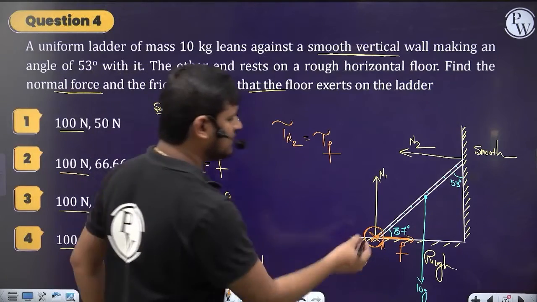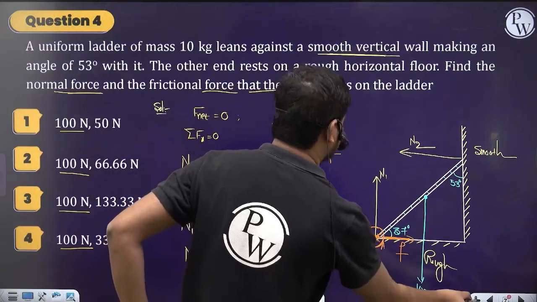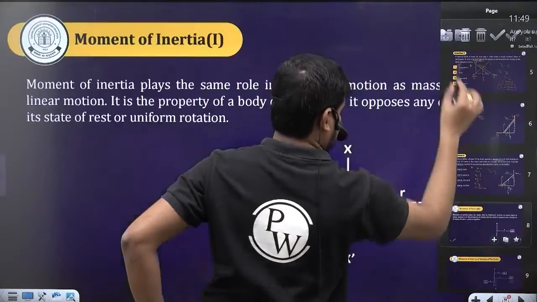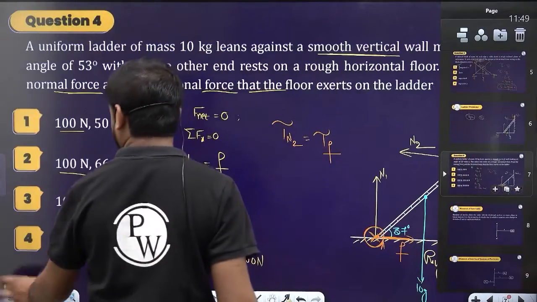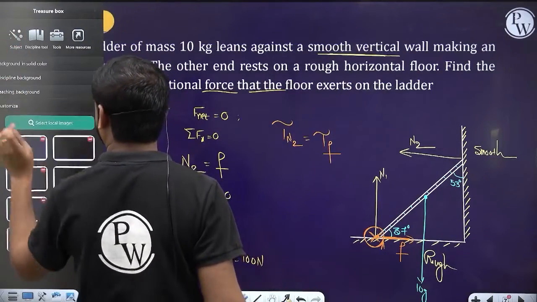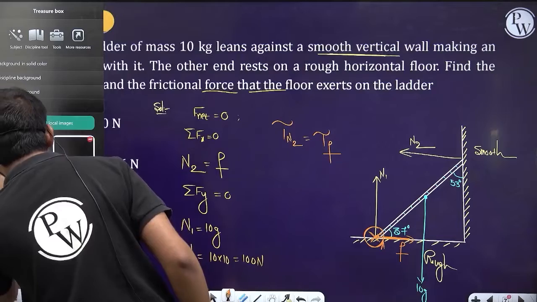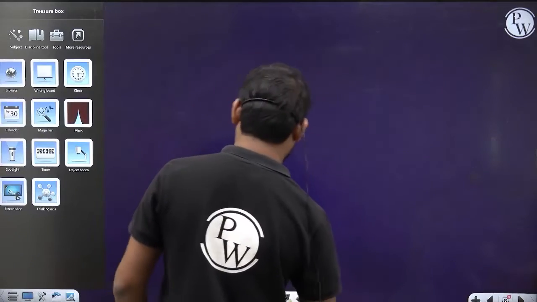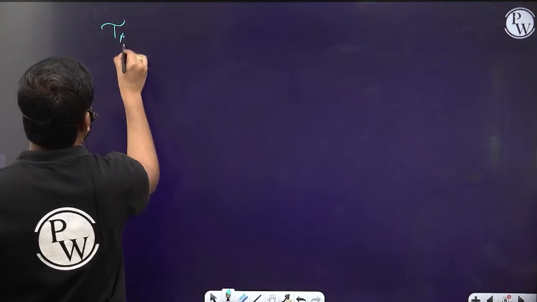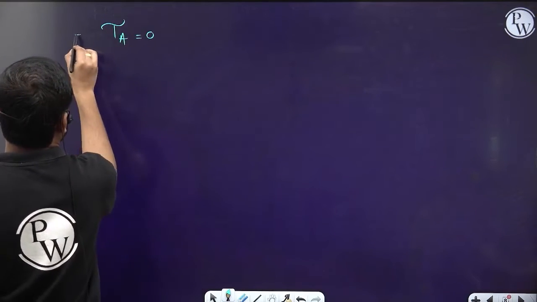Now let me take the torque about point A. Let me take this template, guys. See here, the torque about point A is equal to 0.